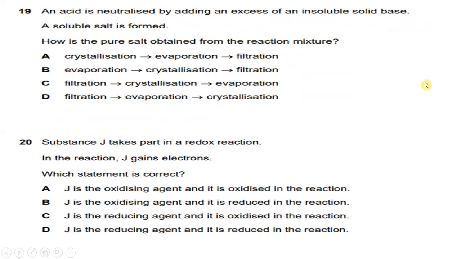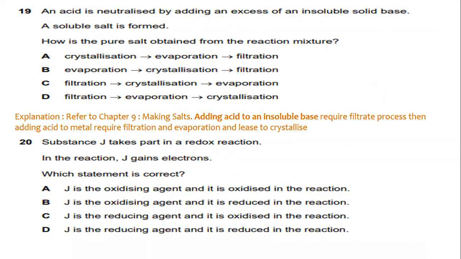Number 19, an acid is neutralized by adding an excess of an insoluble solid base. A soluble salt is formed. How is the pure salt obtained from the reaction mixture? Refer to chapter 9 under the title of making salts. Adding acid to an insoluble base requires a filtration process.